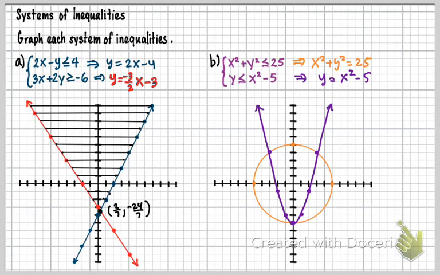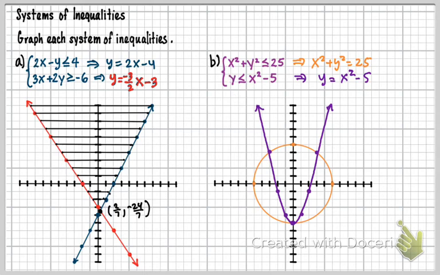So when I plug in 0, 0 for the first inequality here, I get 0 is less than or equal to 25, which is perfect because that is true. So that means it's going to be inside of the circle. And then when I plug in 0, 0 for the second one, that's going to give me 0 is less than or equal to negative 5, which isn't true.